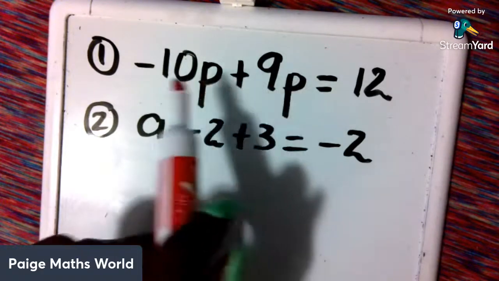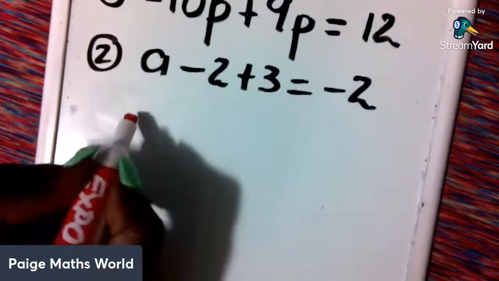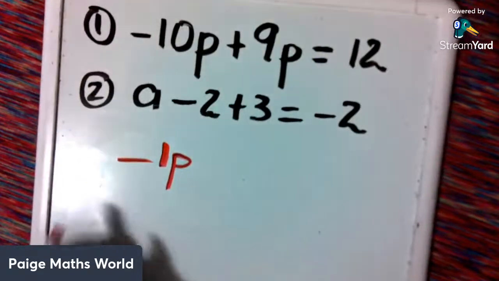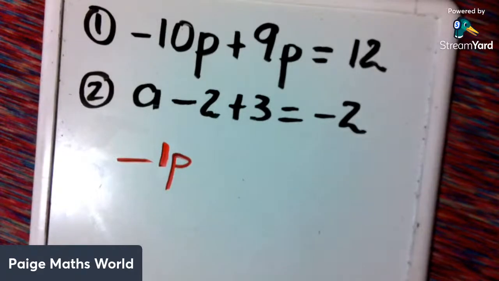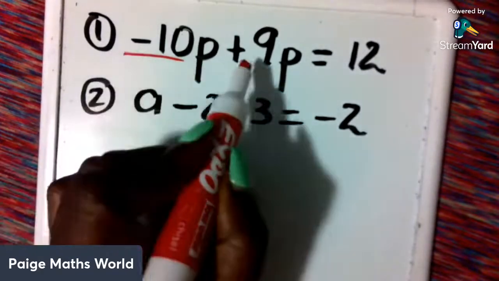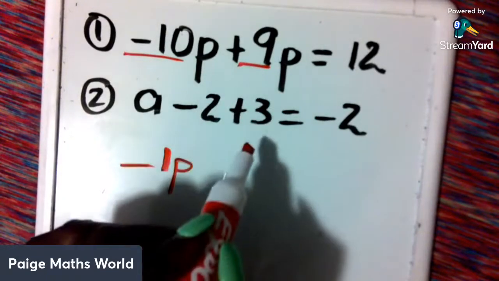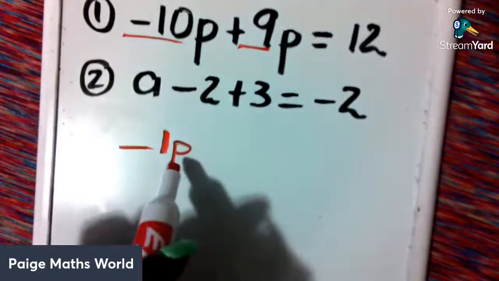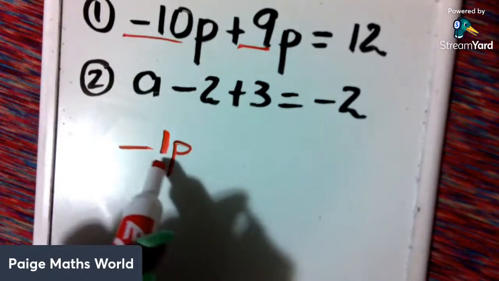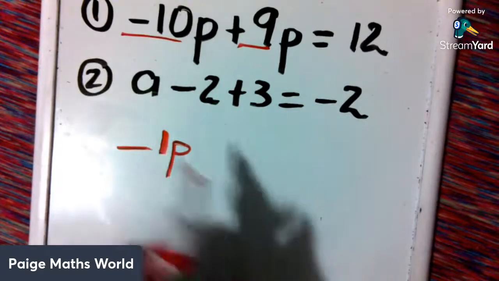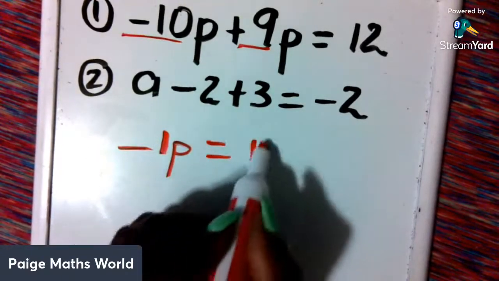When you give that person that $9, you're still going to owe that person $1, right? And so that's why we have a negative 1. We're still going to owe them $1. And that's equal to 12.